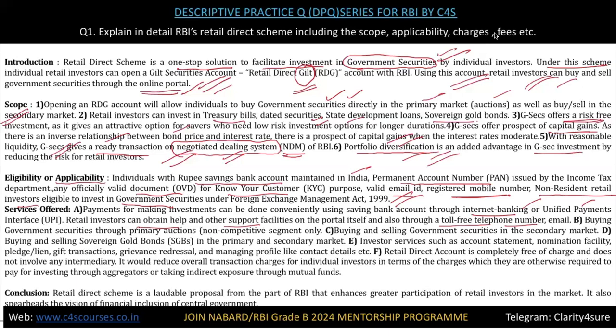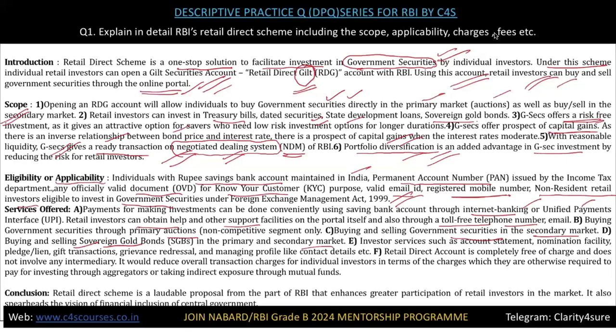Now comes the next point, which talks about buying government securities through primary auctions. Then comes buying and selling government securities in the secondary market. Similarly, Sovereign Gold Bonds can be bought and sold in the primary and secondary market.